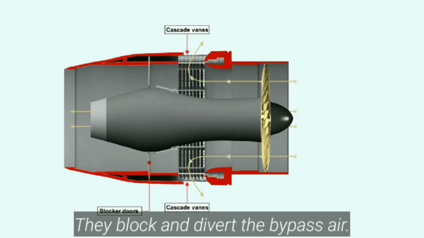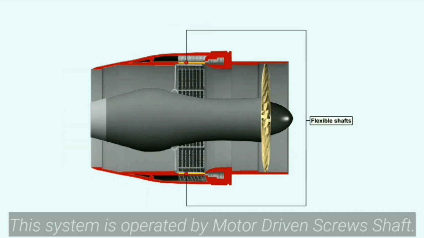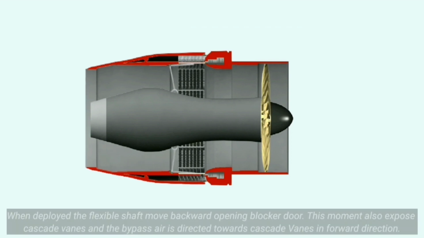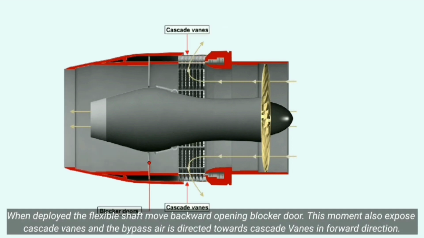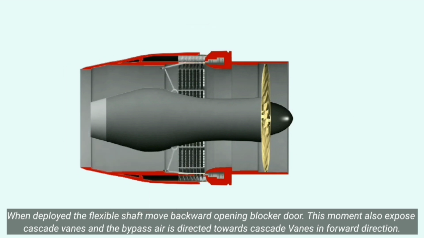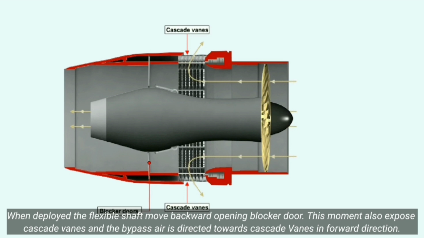They block and divert the bypass air. This system is operated by a motor-driven screw shaft. When deployed, the flexible shaft moves backward, opening the blocker door. This movement also exposes the cascade vent, and the bypass air is directed toward the cascade vent in the forward direction.